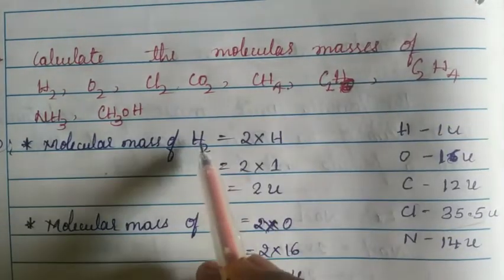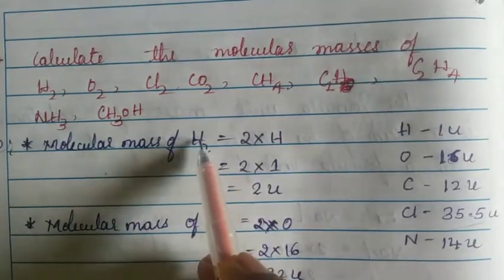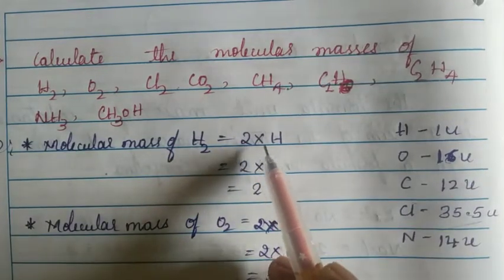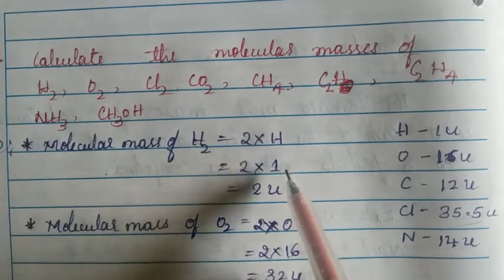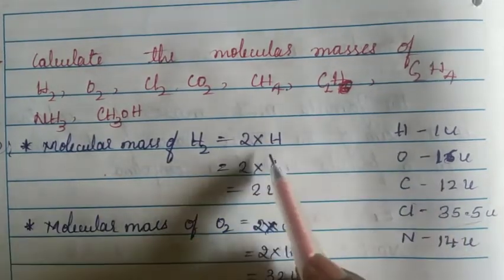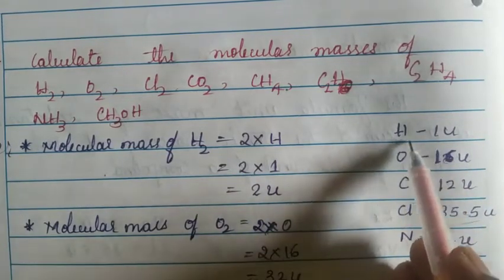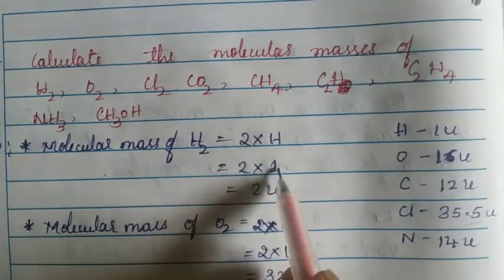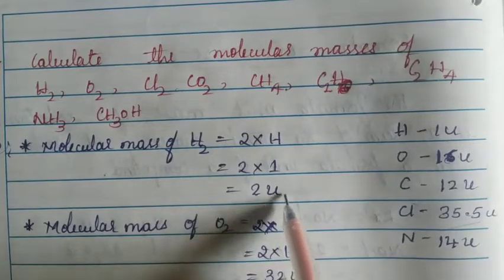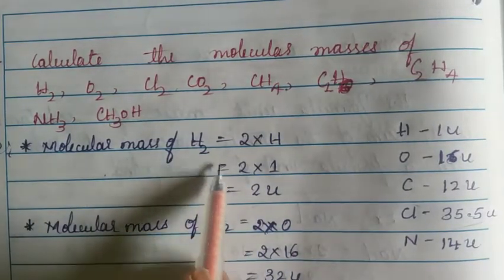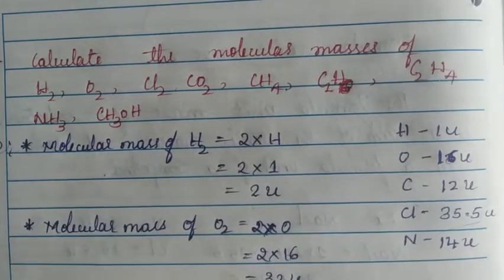See, children, this 2 indicates it contains 2 atoms of hydrogen. That's why it is 2 into H. We know that the atomic mass of hydrogen is 1 u. Write here that 2 into 1 becomes 2 u. This is the molecular mass of hydrogen.